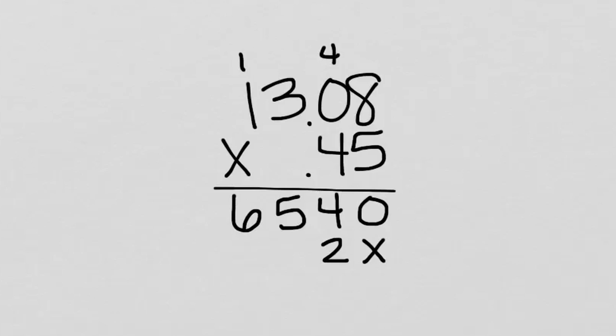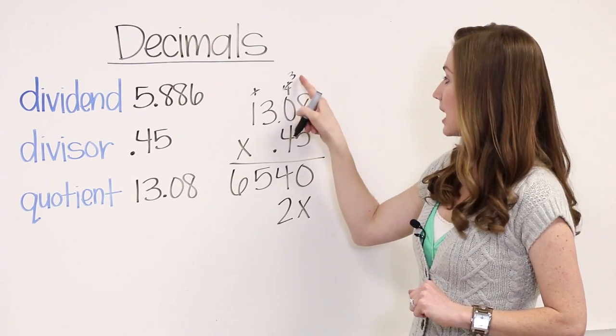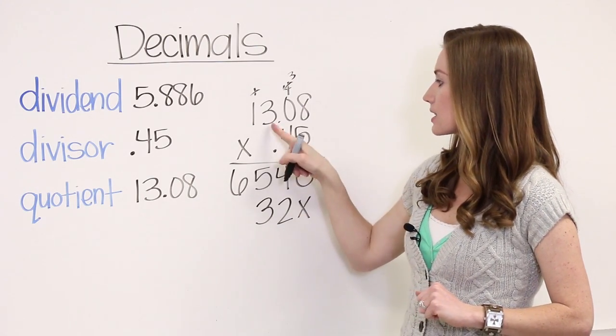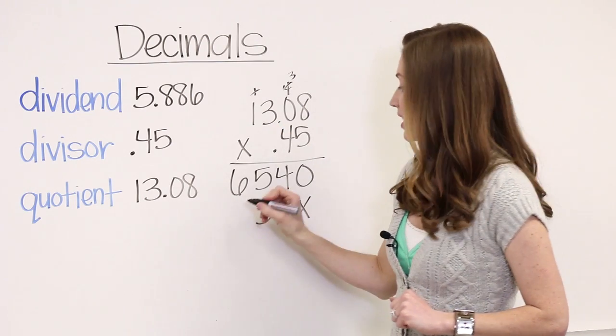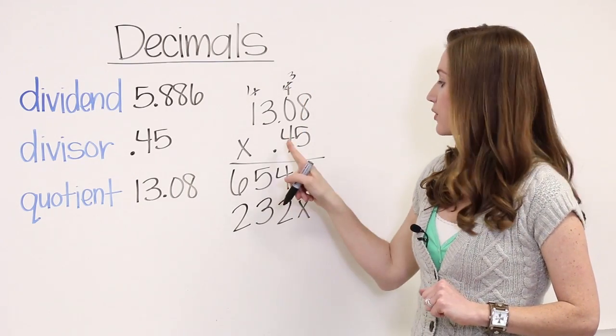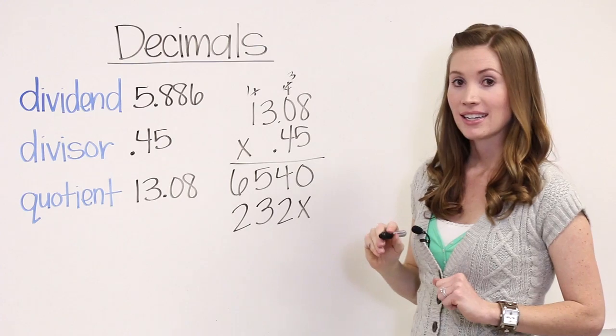We write the 2, carry the 3. 4 times 0 is 0, plus 3 is 3. 4 times 3 is 12. We write the 2 and carry the 1. 4 times 1 is 4, plus 1 is 5.